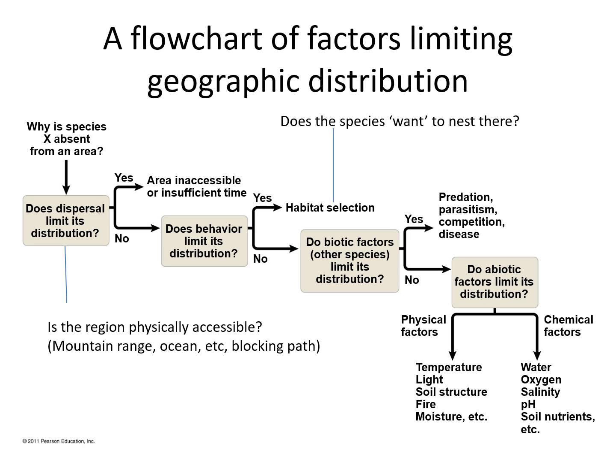Or is there some sort of behavior that limits their distribution? Or perhaps there's biotic factors, the presence of other species. That could be food species, or it could be predators. Is there parasitism, competition, disease, something like that going on that's keeping them out of this area?